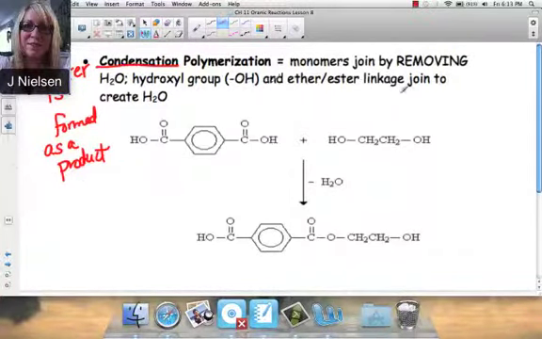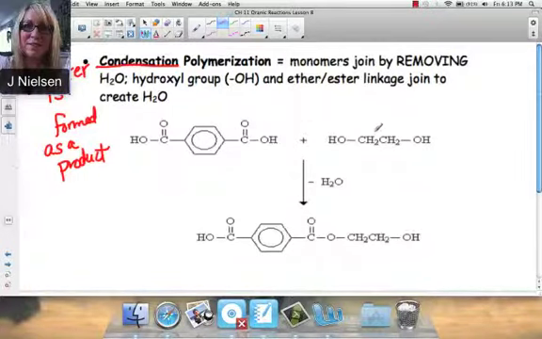So you form water and you have the polymer as well. In this case, they're showing you an example with an ester linkage to join and create.